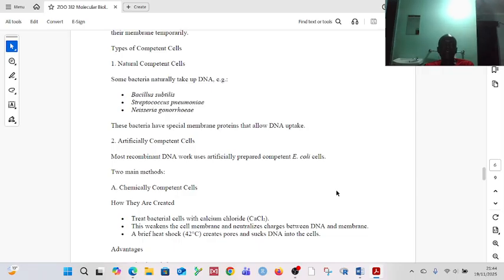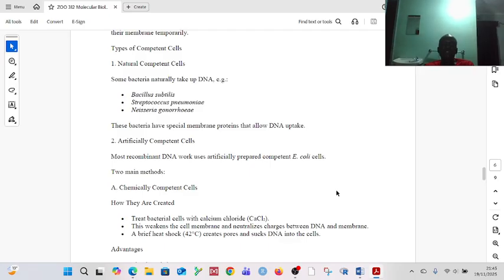So for you to interfere with that selective permeability, you bring in calcium chloride so that you weaken it. You make what is otherwise a strong protective part of the cell not to be so strong. With that, you end up creating pores, and it is through these pores that DNA can now be sucked into the cell.